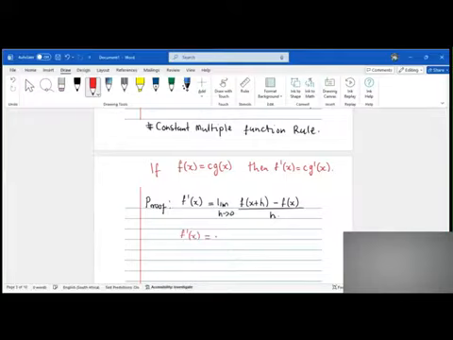Whenever I see x in the function f, I'll plug in the new value, which is x plus h. So if I do that, you will agree with me that we end up with c times g of x plus h, then minus f of x. Remember, f of x is just c g of x. This whole thing is over h.